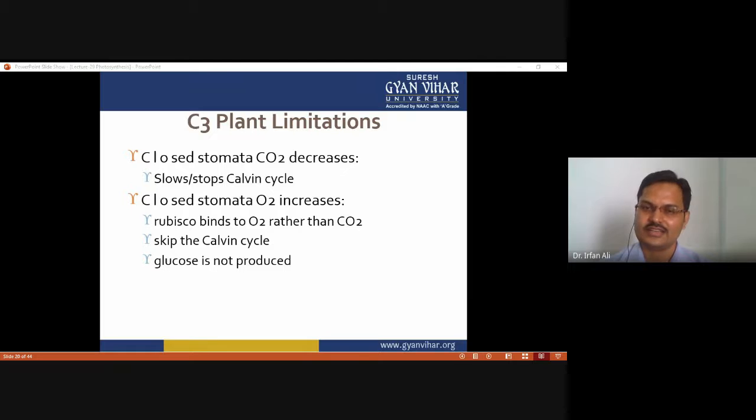When O2 concentration is up and CO2 concentration is down, Rubisco binds with oxygen. That is why photorespiration takes place, and in place of glyceraldehyde 3-phosphate, 2-phosphoglycolate is produced, which is a totally wasteful process. So these are the limitations of C3 plants.